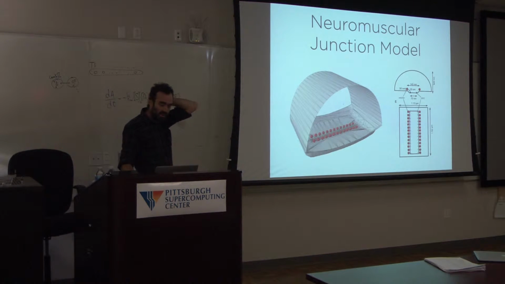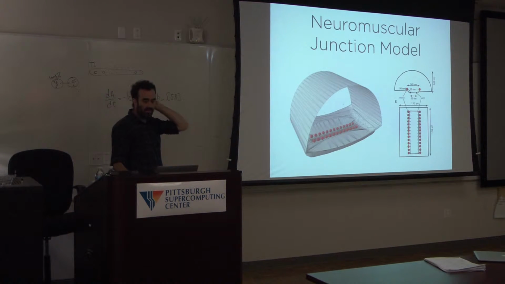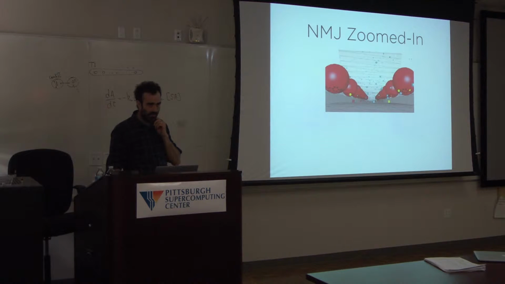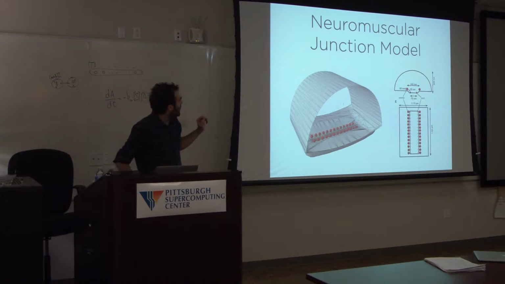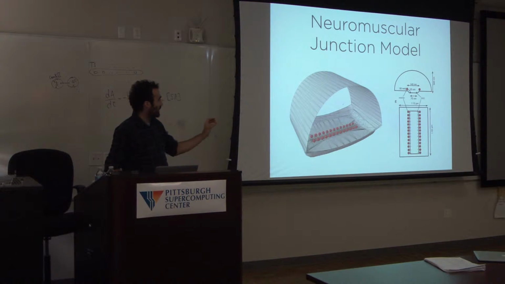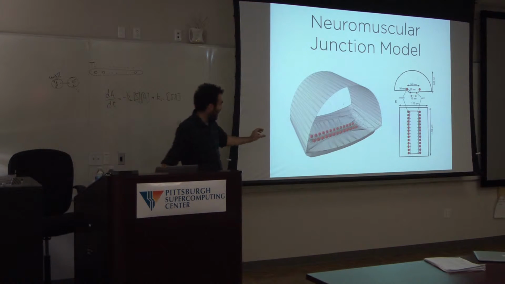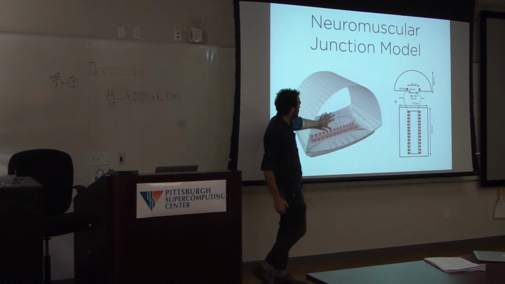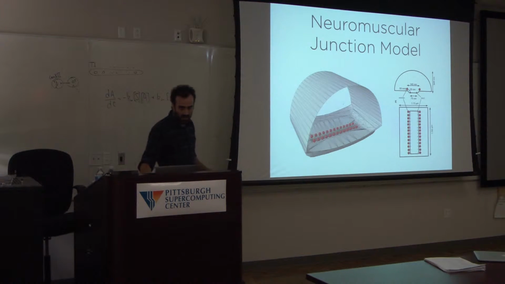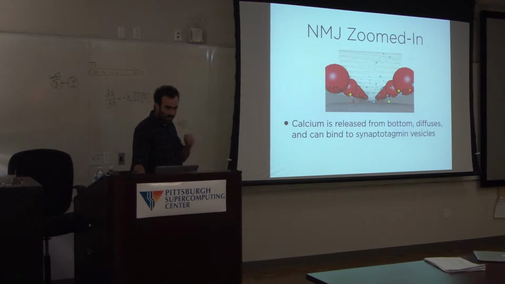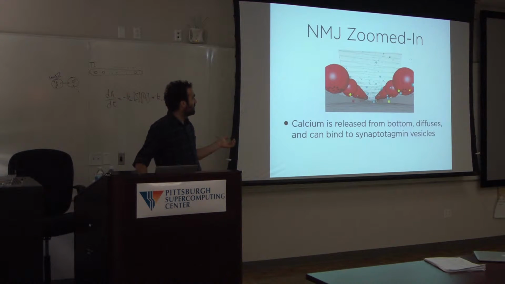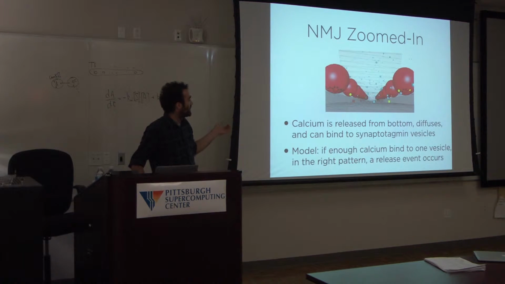We applied this this past year or so to a neuromuscular junction model that Marcus was interested in previously. It's a model of one active zone, and there are these 26 vesicles here, and there's calcium diffusing around. After the calcium is released, it can bind to these vesicles, and if enough calcium binds, then you have a firing event.